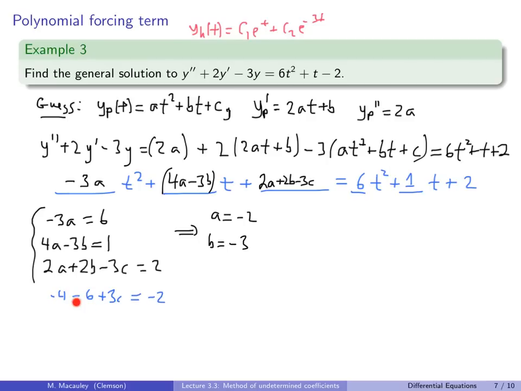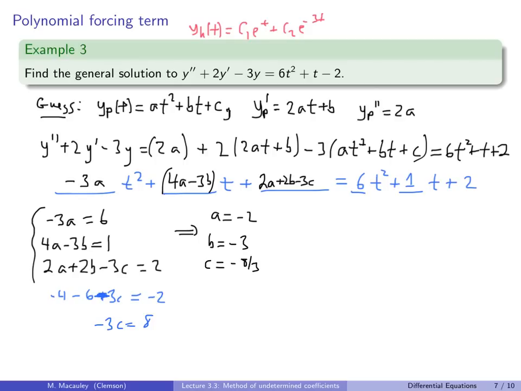This is a negative 10. Add that to here, you get 8, and c equals negative. Oh, hold on. That should be negative 3c. Sorry about that. And so negative 3c equals positive 8, and you get that c equals negative 8/3.